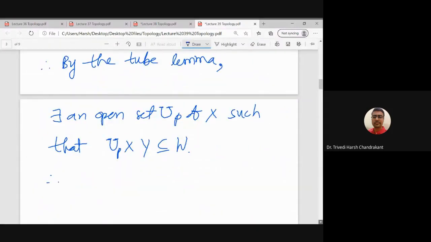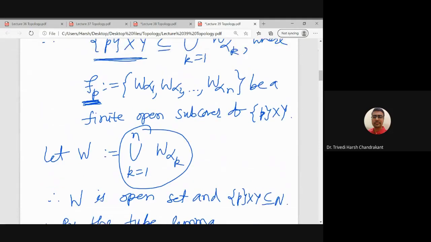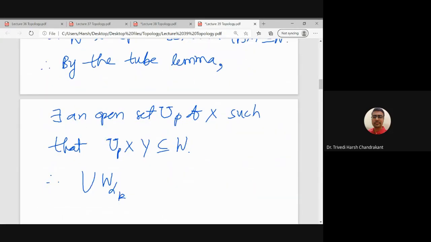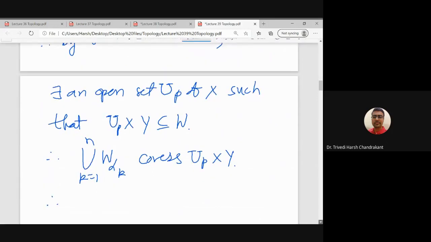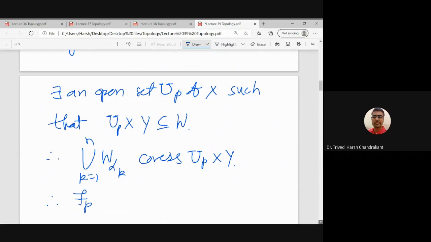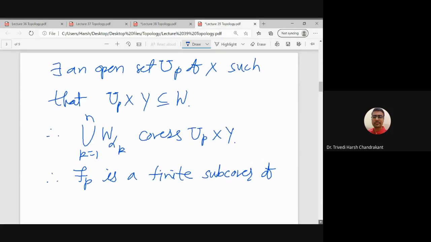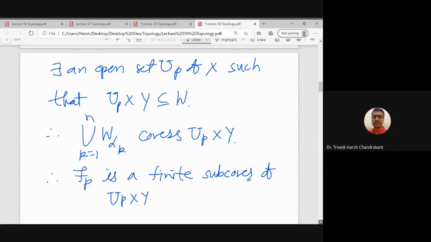So therefore the union of W alpha k covers UP cross Y. So therefore, basically the family FP is a finite subcover of UP cross Y, and this is true for all P belongs to X, right?